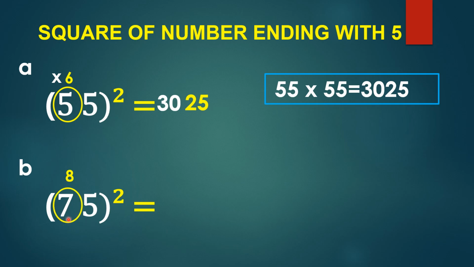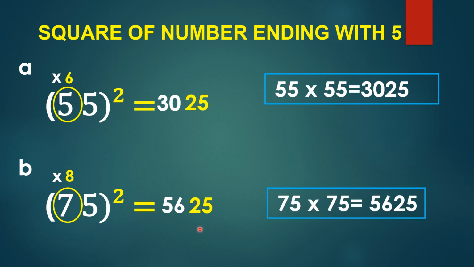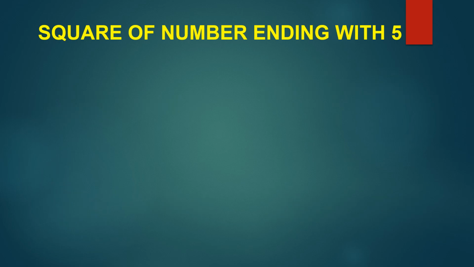What comes after 7? 8. 7 into 8, 7 8s are 56. Now next step, 5 5s are 25. You observe here, the last two digits will always be 25. So 75 square is 5625.